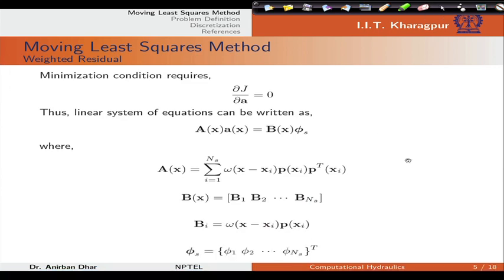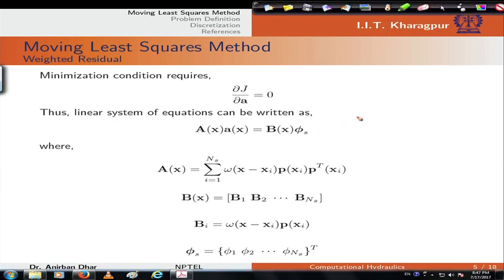Now, in this case this phi s is a column vector. So, we have phi 1, phi 2 to phi ns.